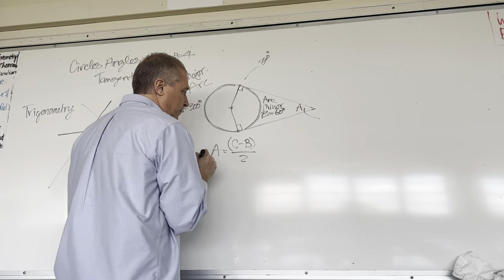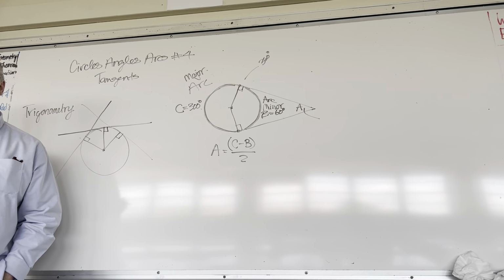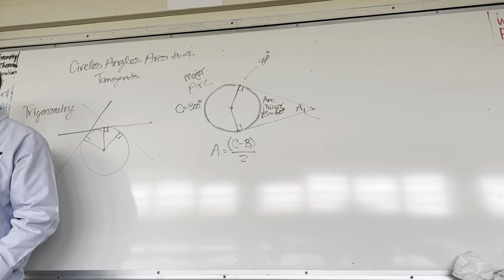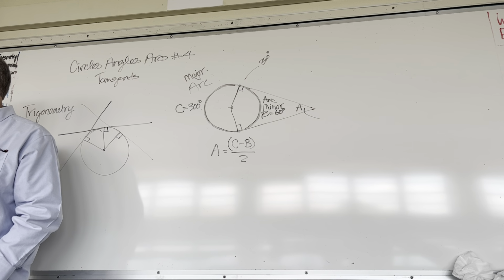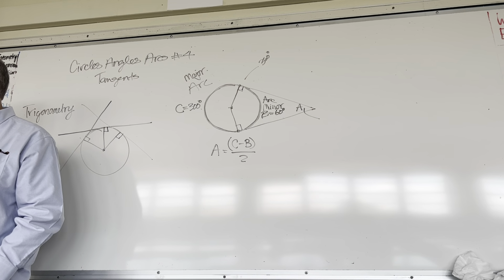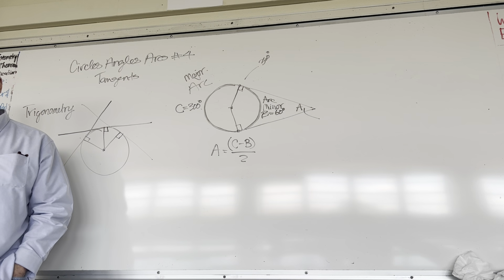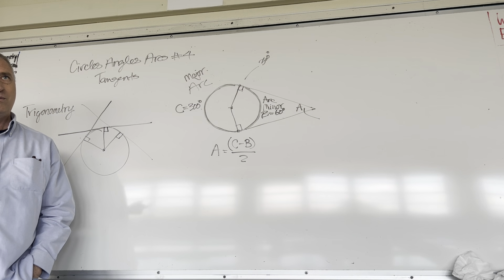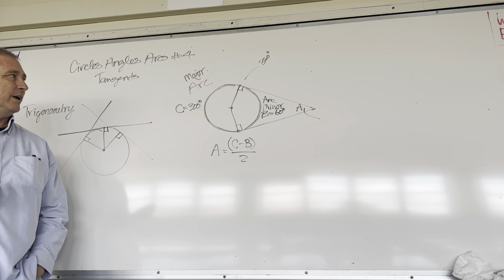divided by 2. And I don't know if you remember, but that was the same relationship that was formed for the arcs that were being divided up by the chords that we dealt with, actually secants that we dealt with two days ago, or whenever that was, last week maybe.